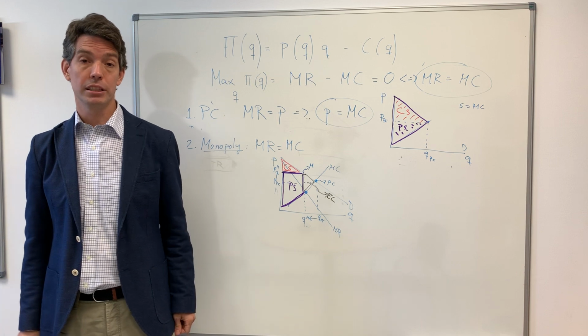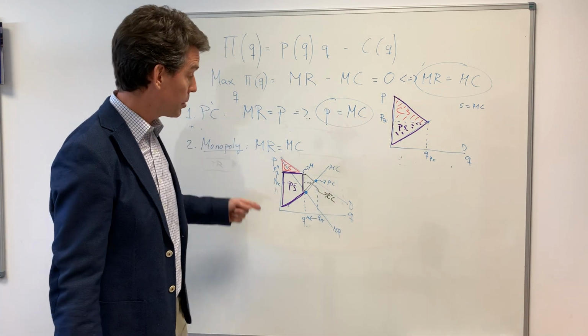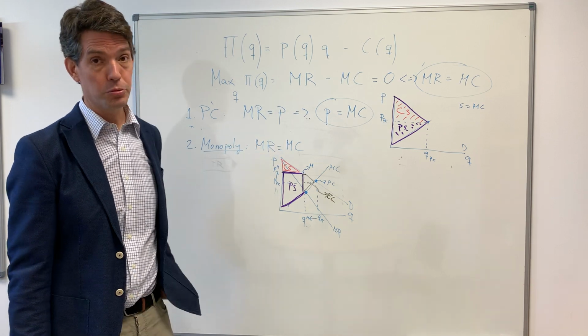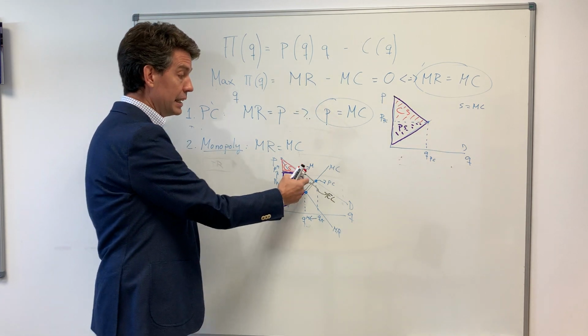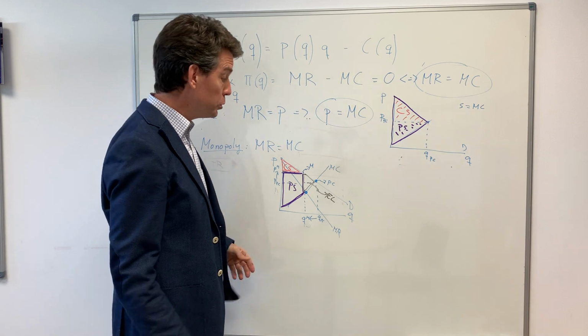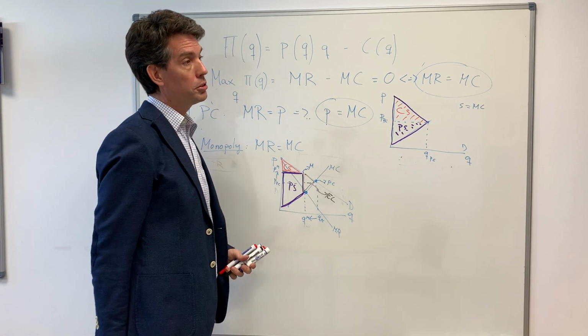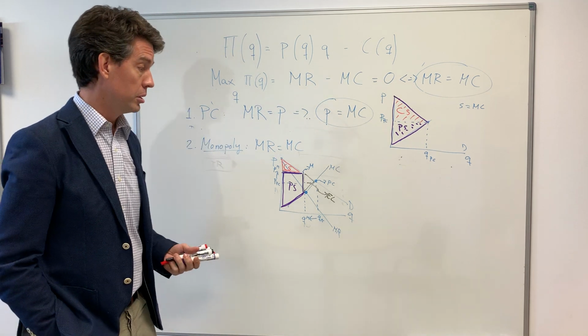There are two problems associated with a monopoly. One problem is the problem of distribution. The consumer surplus will be small, the producer surplus will be large, and the other problem is that there's going to be an efficiency loss. Units for which consumers are willing to pay more than the marginal cost of producing them will not be produced, right?